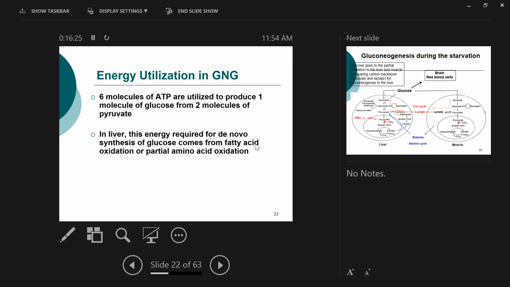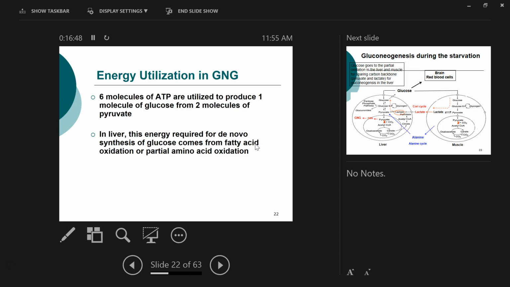All right, so the enzymes utilized in gluconeogenesis. Gluconeogenesis is an anabolic pathway, right? So you need energy to do all these activities.